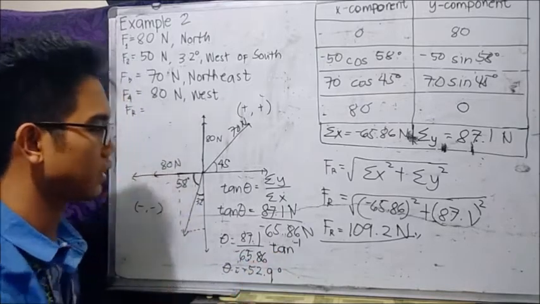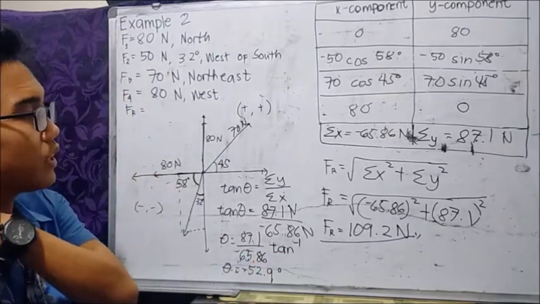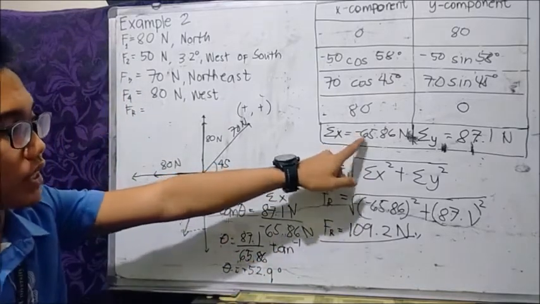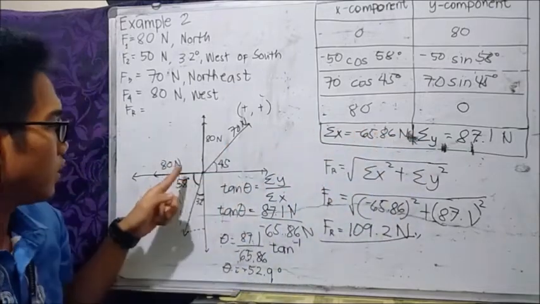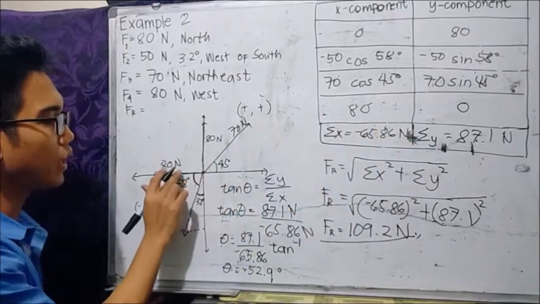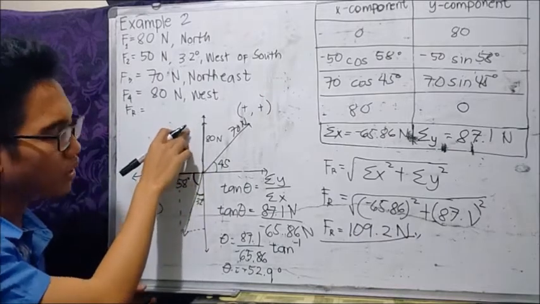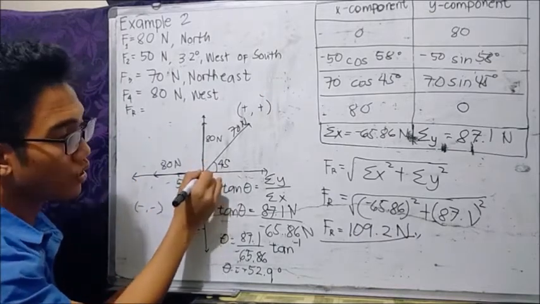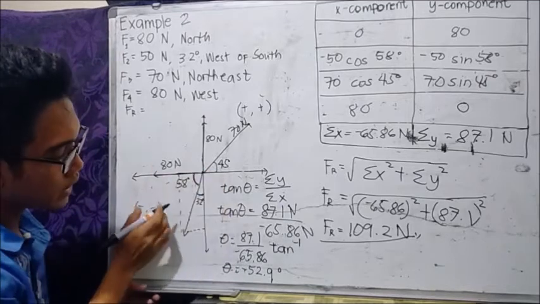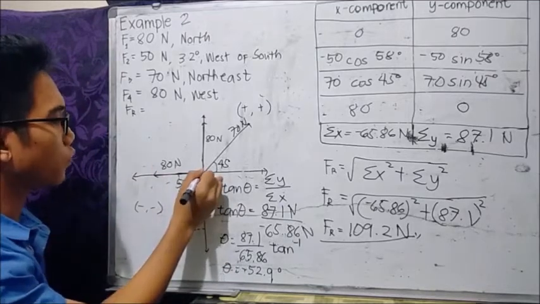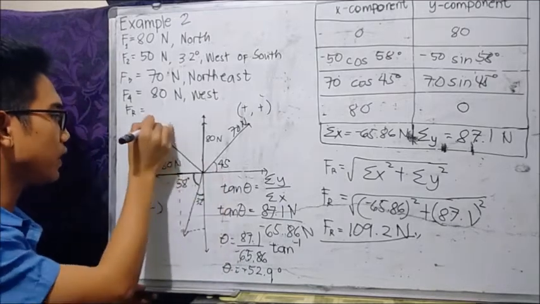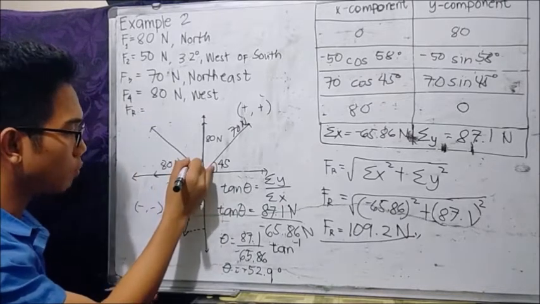Okay, if we are going to draw that, as you can see, we have a negative x and a positive y. So negative x is in here and then a positive y. So your resultant force is on the second quadrant, and that is 52.9 degrees. If we are going to graph that, then your vector should be here.